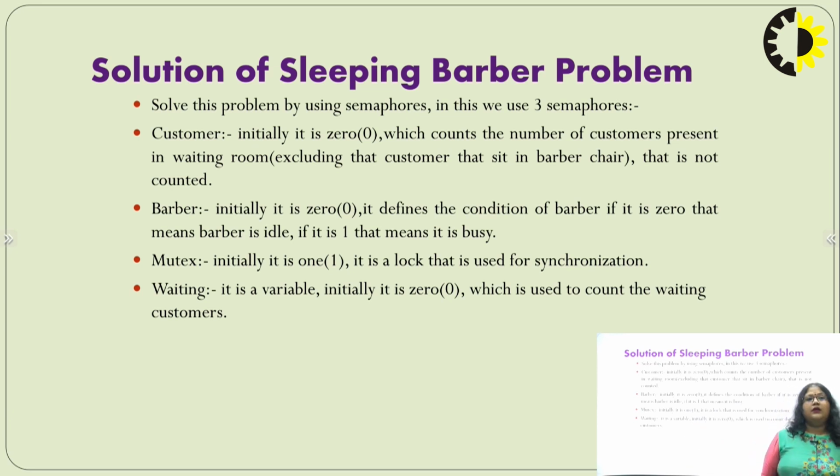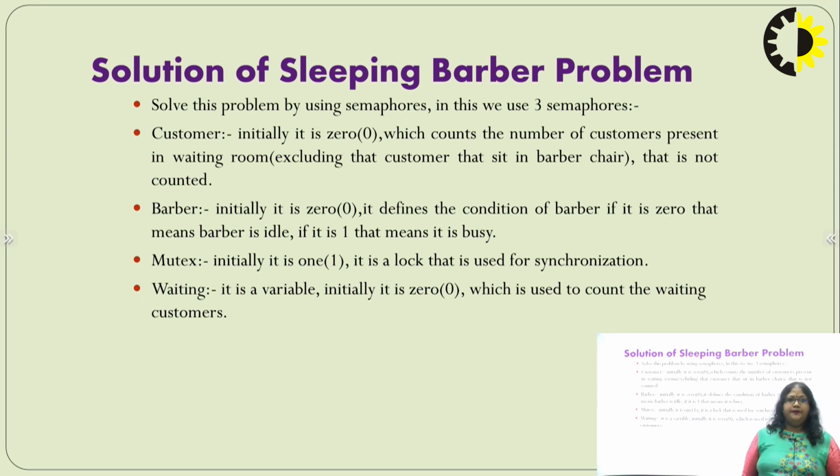What does the customer semaphore do? Initially it is 0, because there is no customer. So initially we take 0 for the customer, and initially we take 0 for the barber also. But what is the working of the customer semaphore, the barber semaphore, and the mutex?